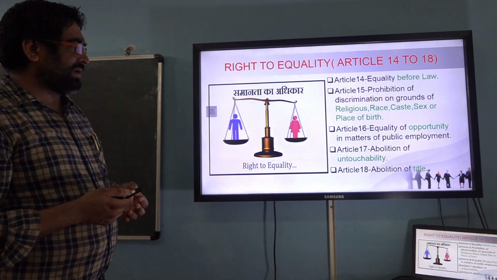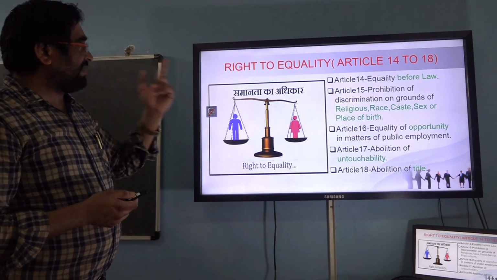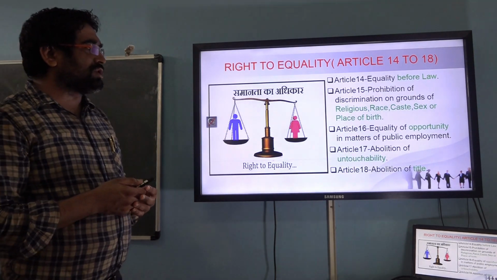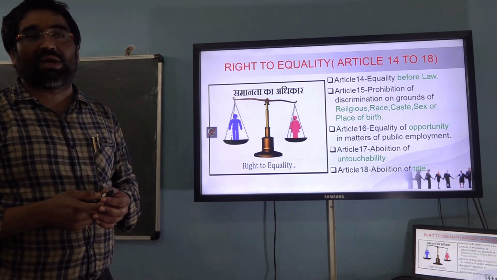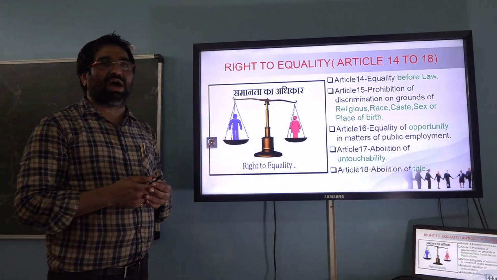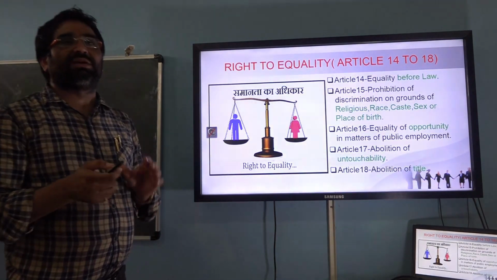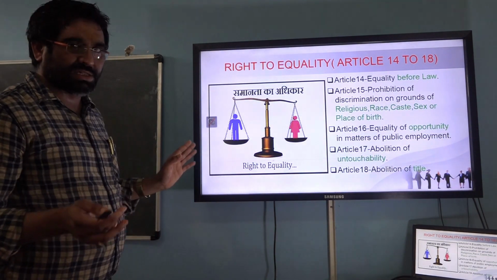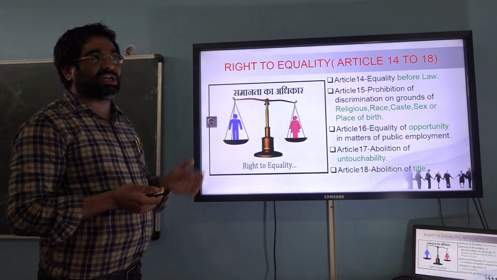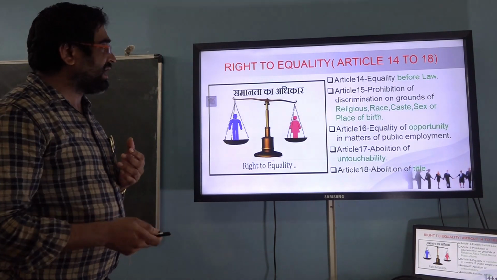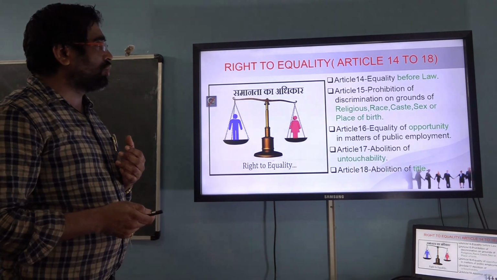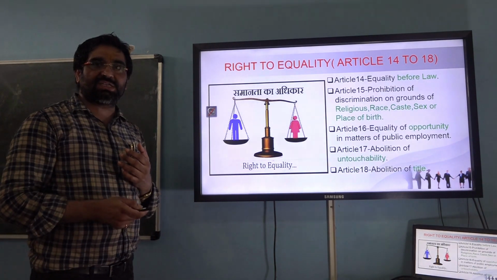The fifth provision in this article is abolition of titles. Before the freedom of the country, there were titles like Raja and Rajkumar. Now the titles are abolished. Even if we want to accept any title or honor from another country, we should take permission from our president. So this is the right to equality. There are 5 provisions we should know.